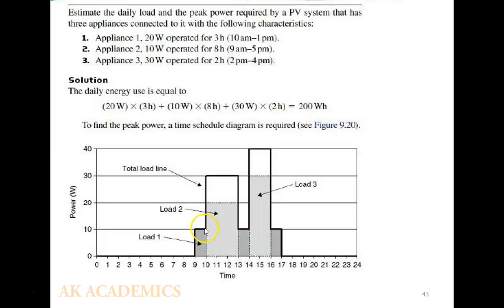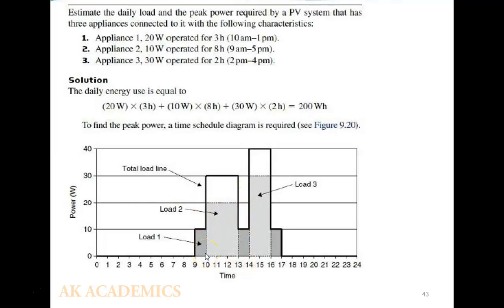So that means we'll just trace this up a little bit from here to this particular point, and that load stops at 1 p.m. So on the horizontal, we'll trace it until we get to the 1 p.m. time, and then this is traced horizontally up until 1300 hours. That represents the 1 p.m. time. So as you can see, with the dotted lines, we have traced the load appliance 1 of 20 watt and 3 hours usage. That's exactly what we do have here.